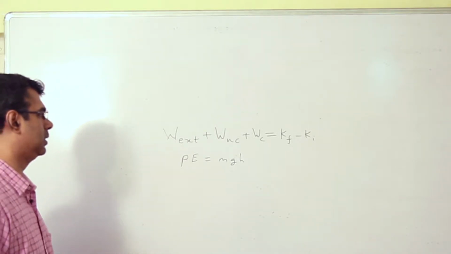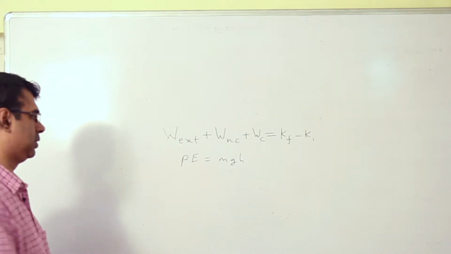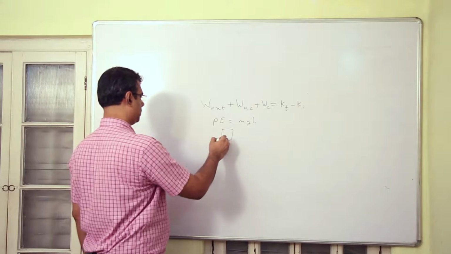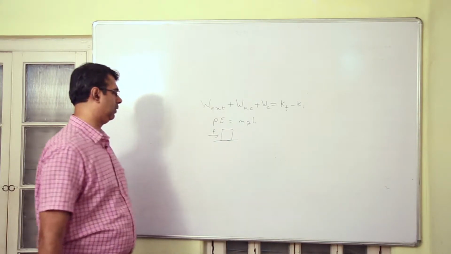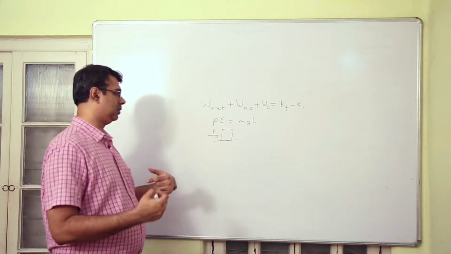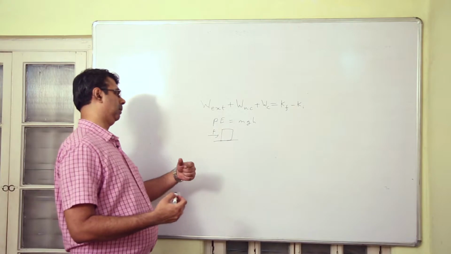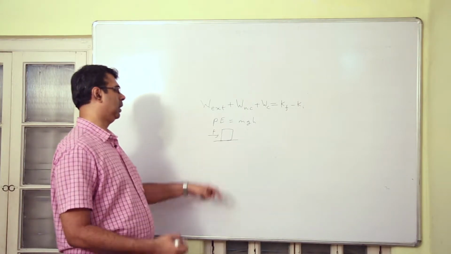In external forces, the action and reaction are not confined to the system. For example, if you are pushing this block, then the force on the block is F, and whoever is giving this push, the force on that person will be equal and opposite F. But the force on that person is not a part of this system.